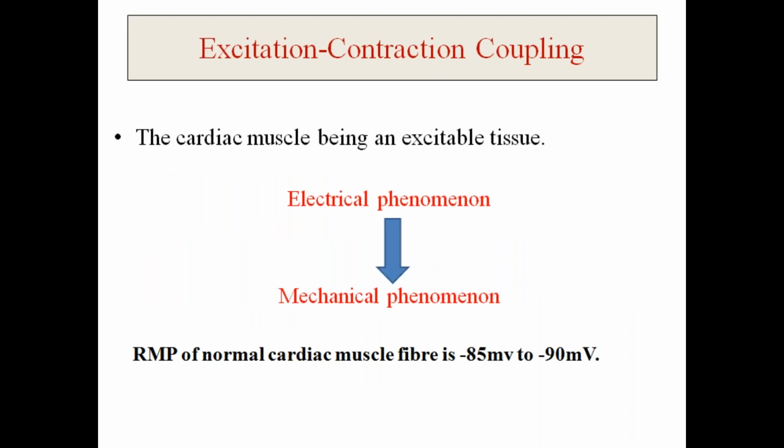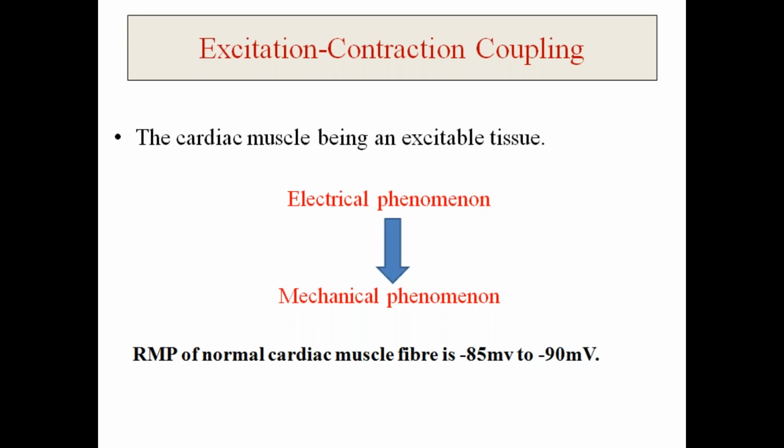Now, coming to excitation contraction coupling, which we have discussed in skeletal muscle. Excitation is an electrical event, that means an impulse originates and causes depolarization. If this depolarization reaches the threshold, it will develop an action potential. Once the action potential is developed, it will cause mechanical contraction.